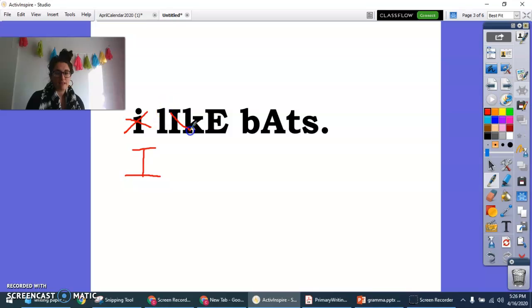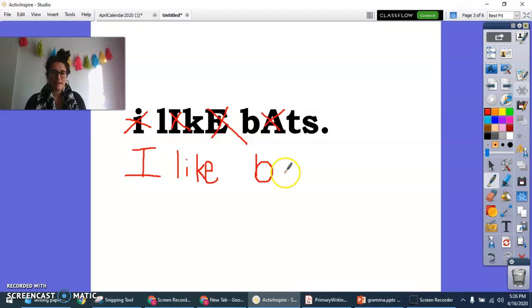In here, I have a capital I here and a capital E, and I don't want those letters in there, so I'm going to have to rewrite the word like in all lowercase letters. L-I-K-E, like. All right, and then I have the word bats, and I have an uppercase A right here, and I should have a lowercase a, so I'm going to make sure I have enough space, and then I'm going to rewrite the word bats using all lowercase letters.